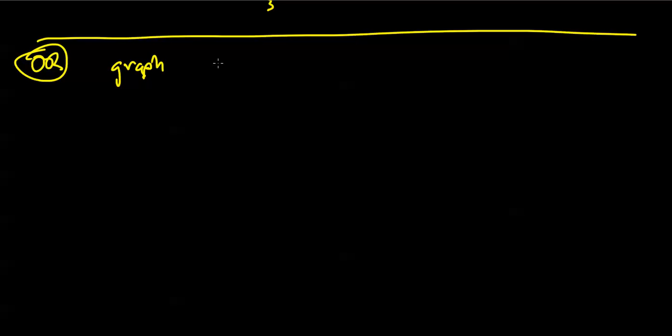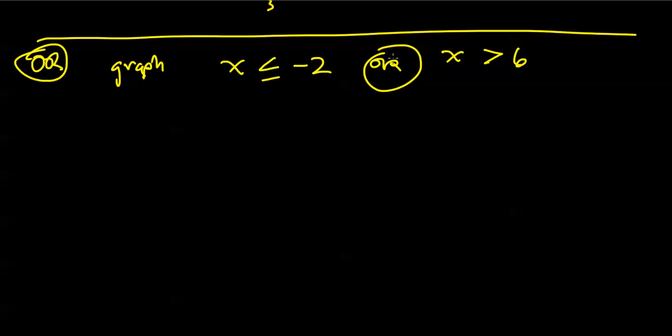If I want to graph this or statement, this tells me x is less than or equal to -2 or greater than positive 6. And or in the mathematical sense, it really means union. Basically, I'm satisfying one of these inequalities or the other inequality to be in the solution set.